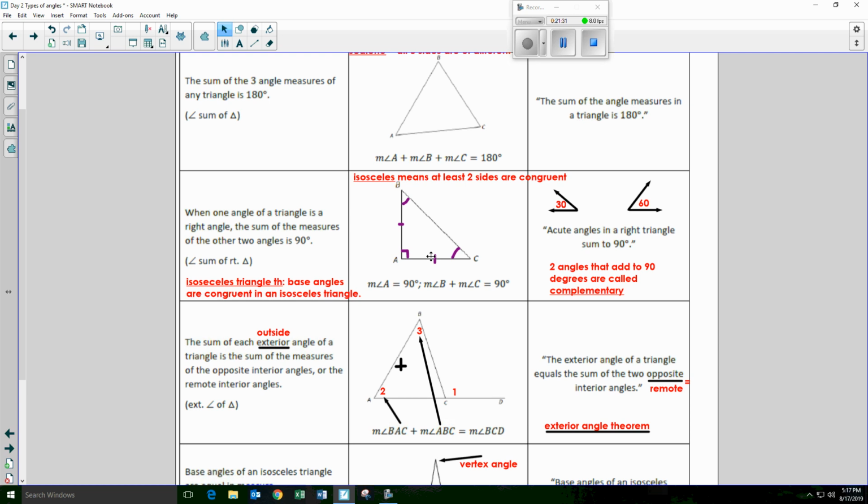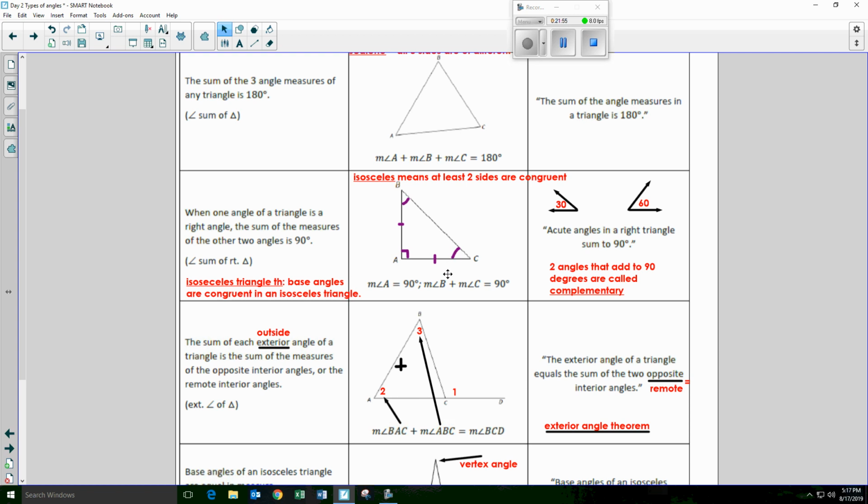Okay, so how do we show that the two angles are congruent? We use arcs. I don't think I've talked about that yet, and whether your middle school teacher taught you that, I don't know, depending on how far ahead they taught you. So we show sides are congruent by hash marks. We show angles are congruent by arcs, the same number of arcs. So that's got one arc, that's got one arc, they're equal.